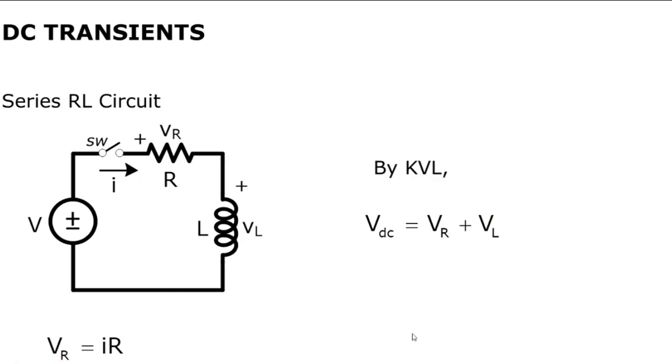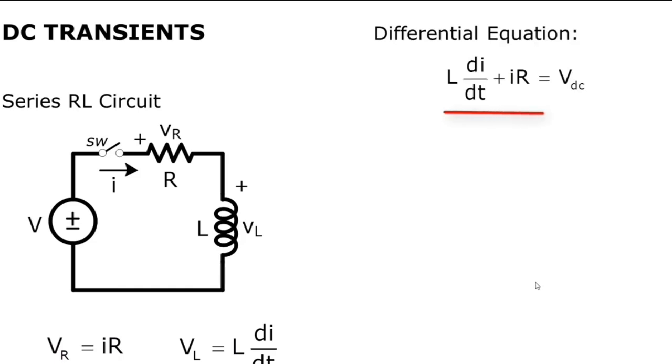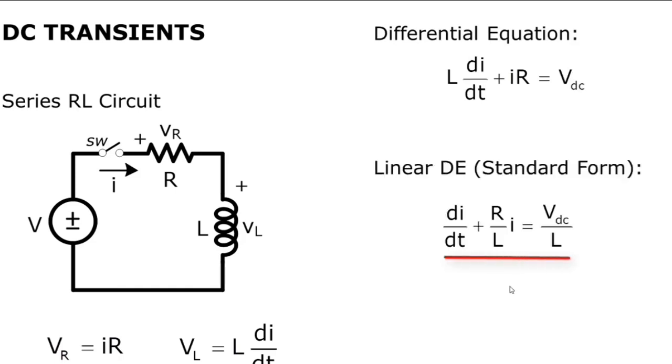VR is equal to IR, that's what we know, and VL is normally equal to L di/dt. Solving this equation, VDC equals VR plus VL equals IR plus L di/dt. So L di/dt plus IR equals VDC.